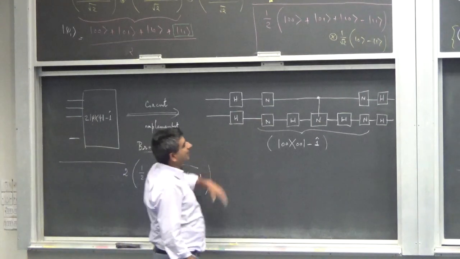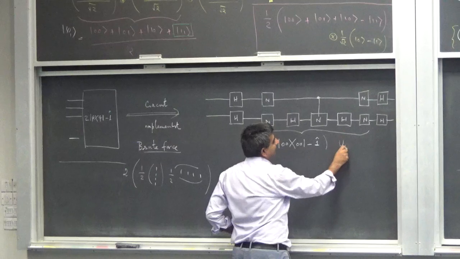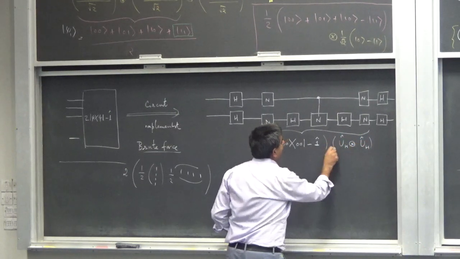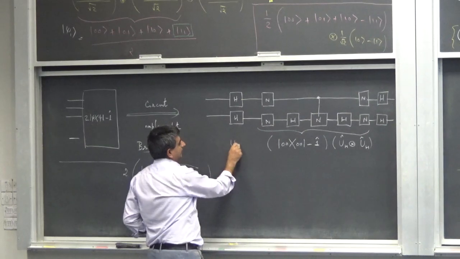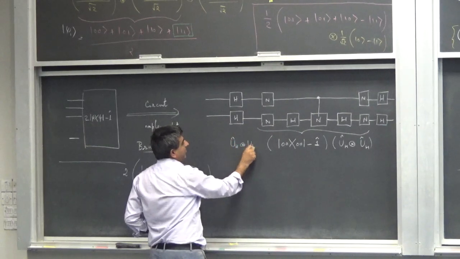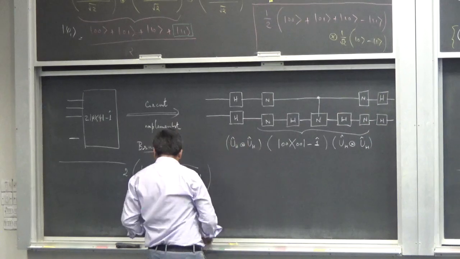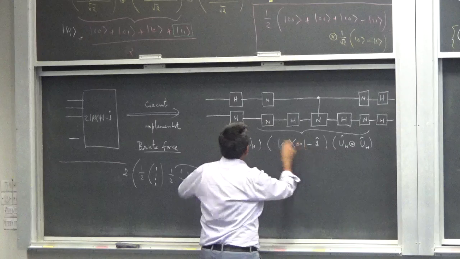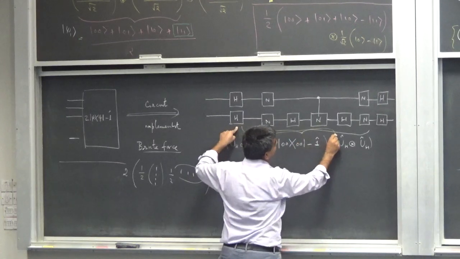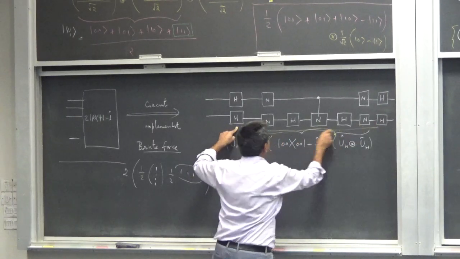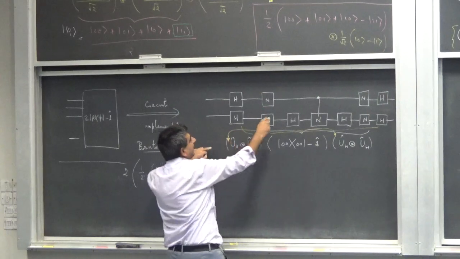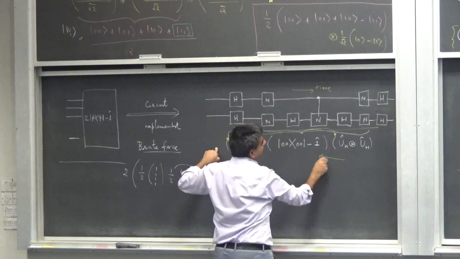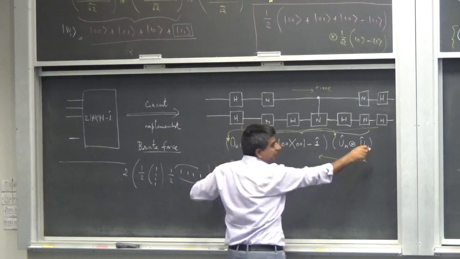And then on the two sides you have these Hadamard unitary operators. They are here because time flows like this on the diagram, and time flows like this when we write down the propagators or the unitary operators.